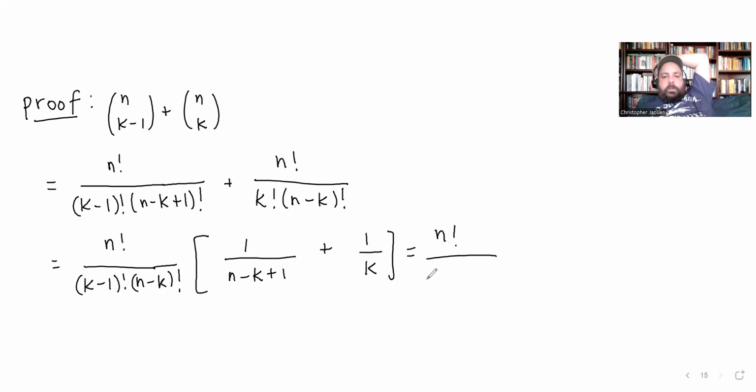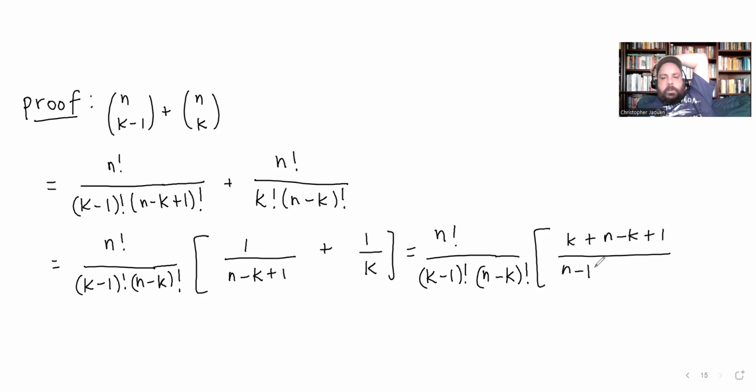N factorial over k minus 1 factorial times n minus k factorial, times k plus n minus k plus 1 over k times n minus k plus 1. And notice the k's here cancel.